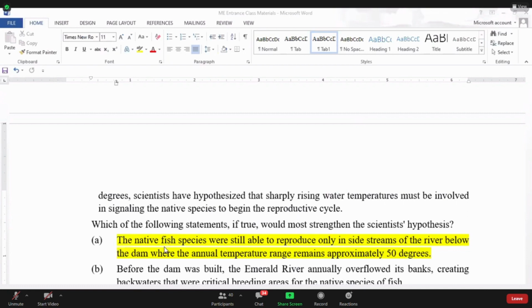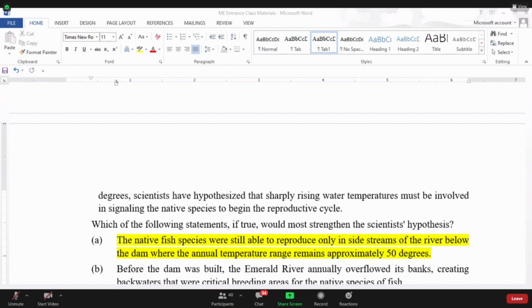Option A: the native fish species were still able to reproduce only in side streams of the river below the dam, where the annual temperature range remains approximately 50 degrees. Side streams means away from the dam.